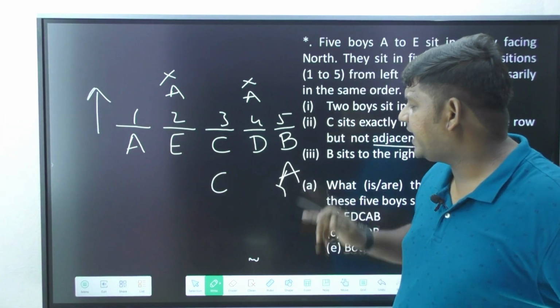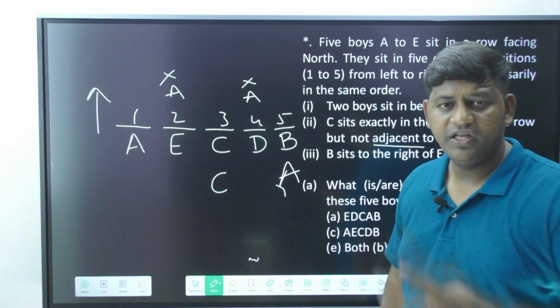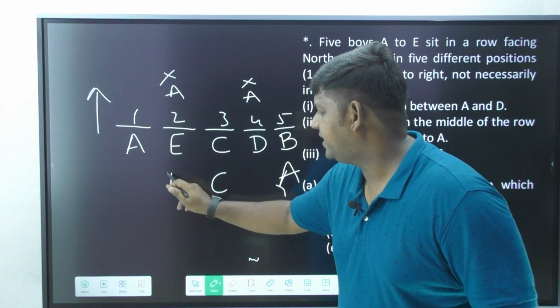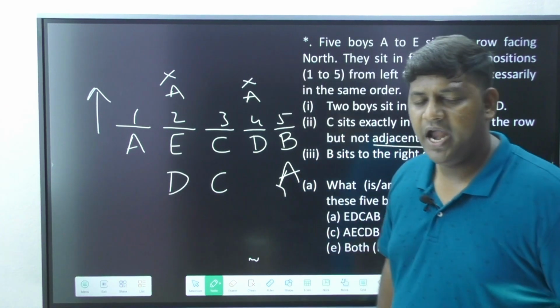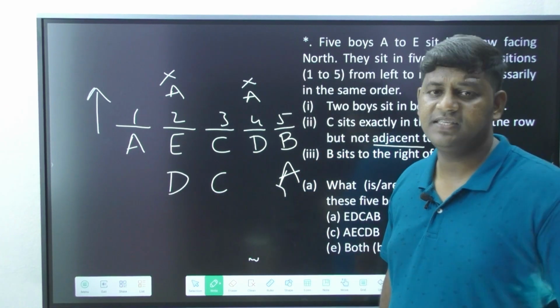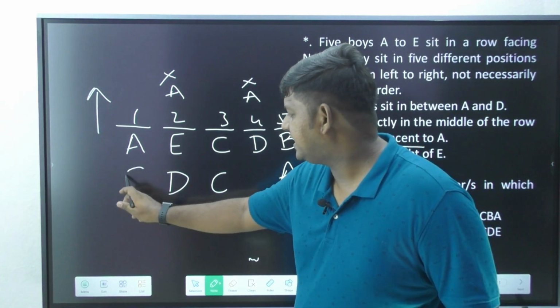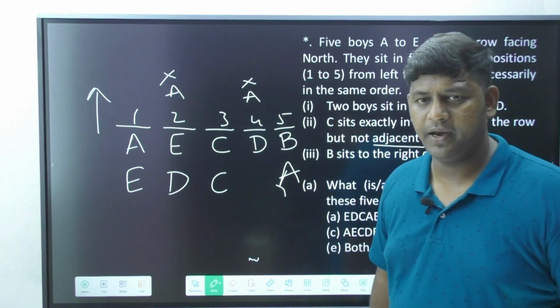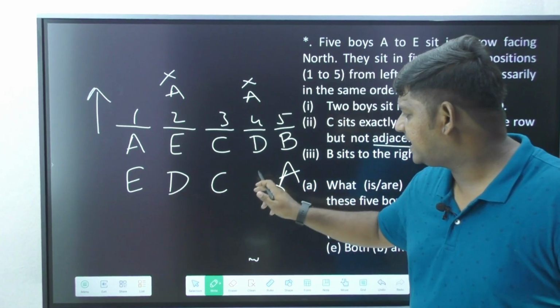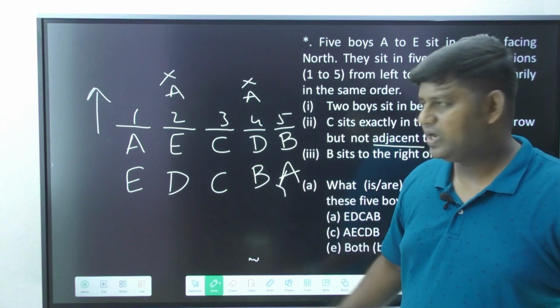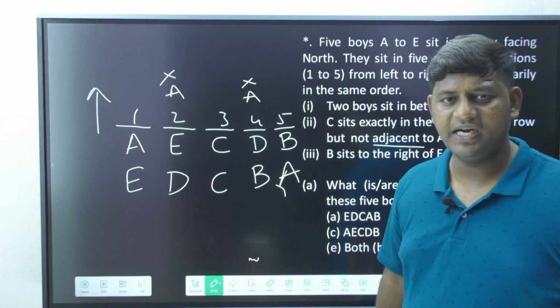Now if I allow A at position number 5, there should be 2 people in between A and D. 1, 2, and here comes D. Clear? And now E's right hand side, not immediately or maybe immediately. If I place E here at position number 1, E's right hand side, can I allow B? Yes or no? Yes. So each and every condition got satisfied.